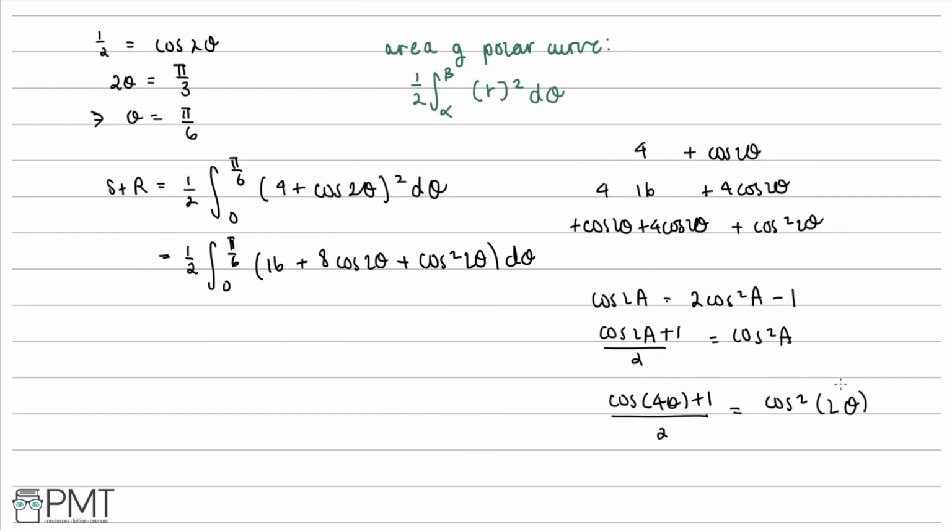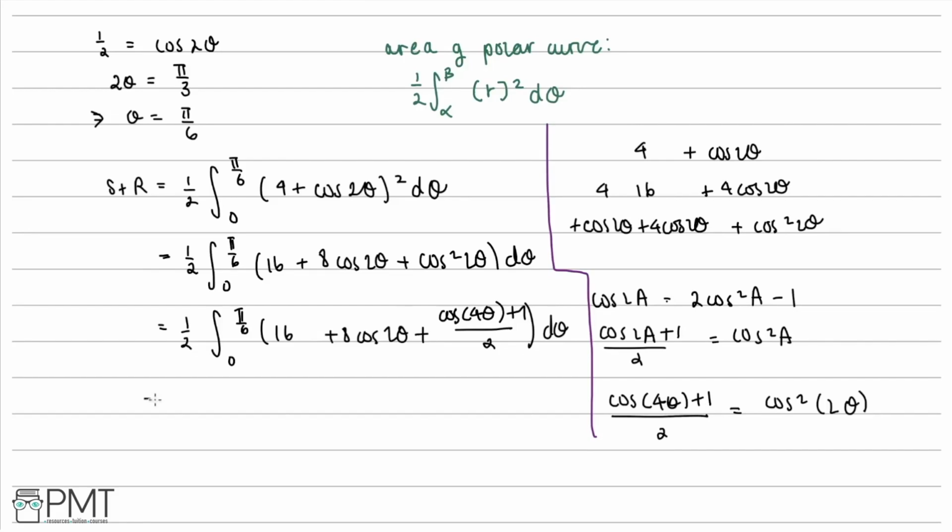If we plug in our value of cos squared 2 theta into our original equation, we get a half times the integral between 0 and pi over 6 of 16 plus 8 cos 2 theta plus cos 4 theta plus 1 all over 2. Well, we have the constant which stays at the front over here, multiplied by the integral of 16, which will be 16 theta, plus 8 times the integral of cos 2 theta, which will be sine 2 theta over 2.